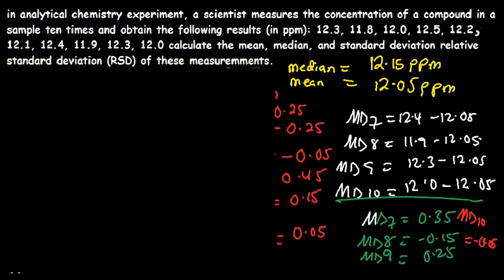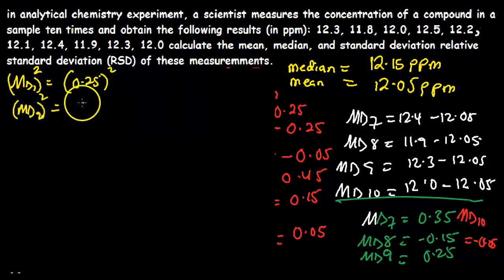The mean deviation of the first observation is simply going to be 0.25 squared. The second observation is negative 0.25 squared.